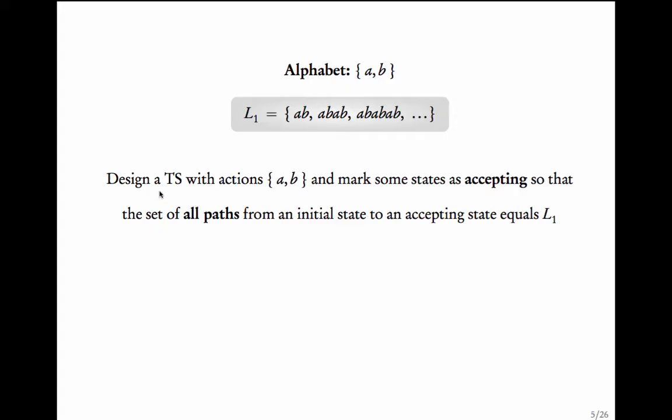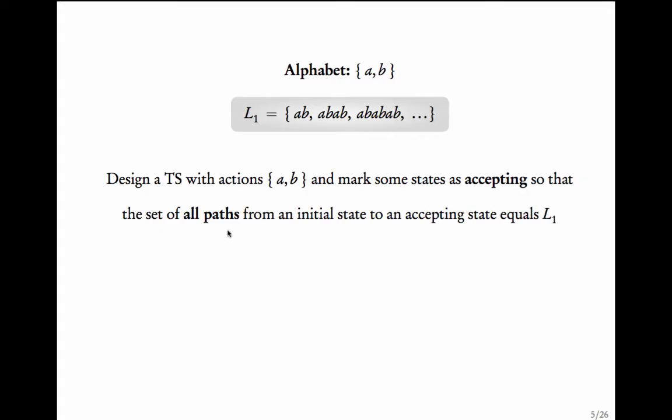So I want to design a transition system with actions A and B, and secondly, I want to mark some of the states of this transition system as accepting, so that the set of all paths from an initial state to an accepting state equals L1.